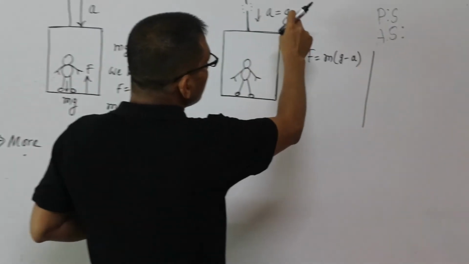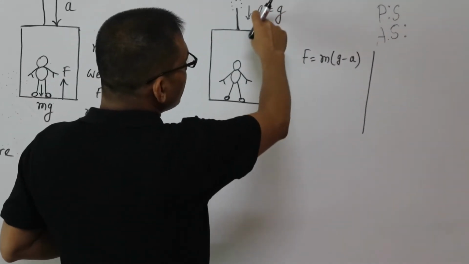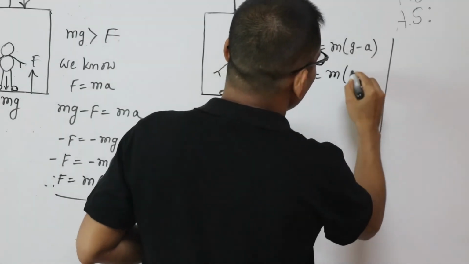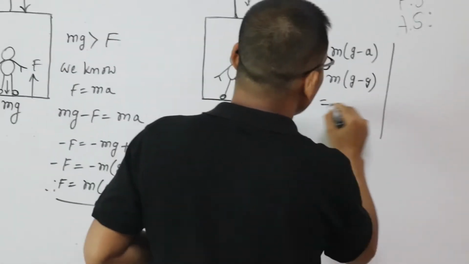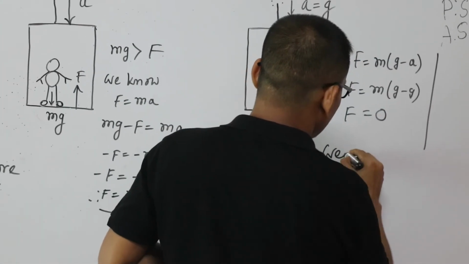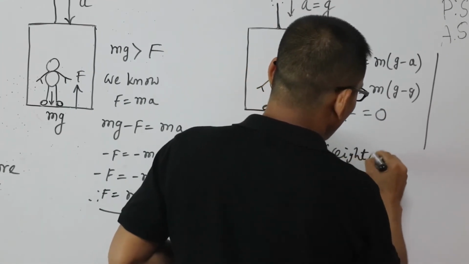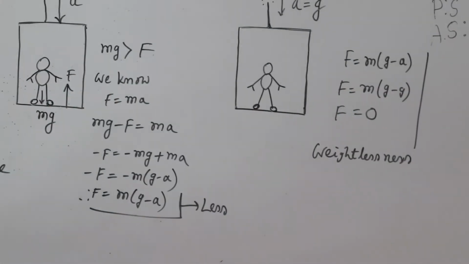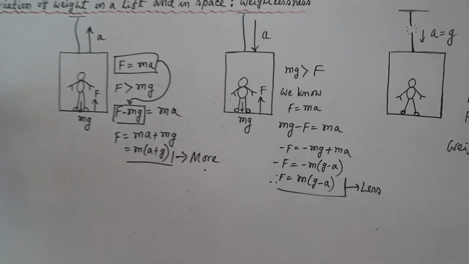If we put g instead of a, we will get m(g minus g) equals 0, and it is weightlessness.